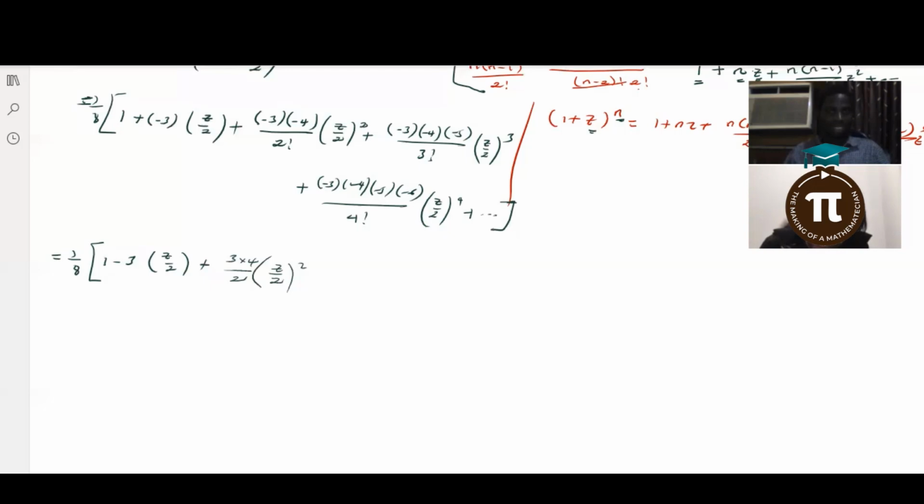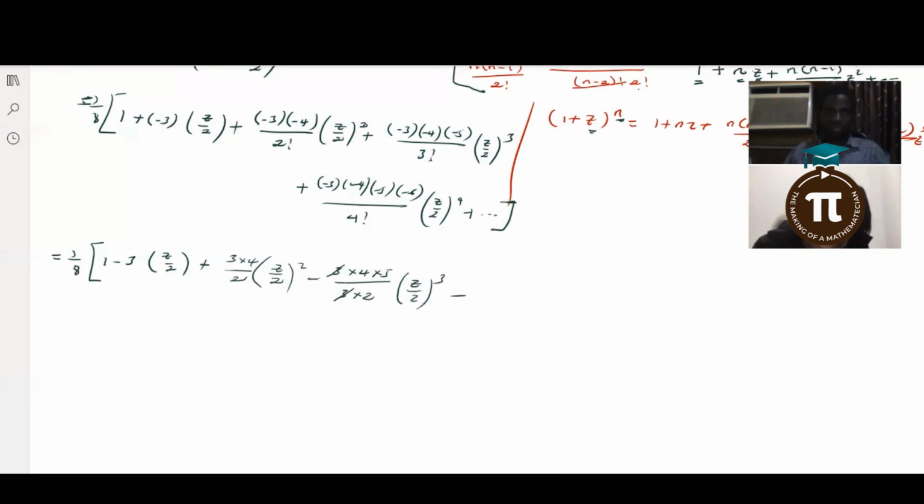Look at the next one. This will give me minus 3 times 4 times 5 divided by 3 times 2, since 3 factorial is 6, times (z/2)^3.